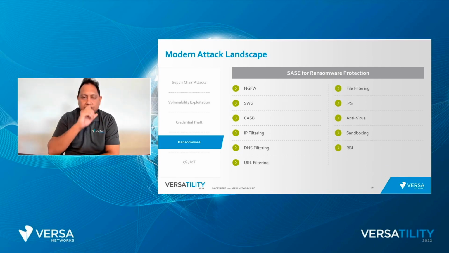So now we're going to look at some of the tools we have in the SASE portfolio that can be used to defend against ransomware attacks. Here we have various types of tools: traditional firewalling, next-gen firewalling, secure web gateway, cloud access security broker, which also offer various kinds of filtering mechanisms at the IP, DNS, URL layer, and we have more content inspection based tools like file filtering, IDS, IPS.